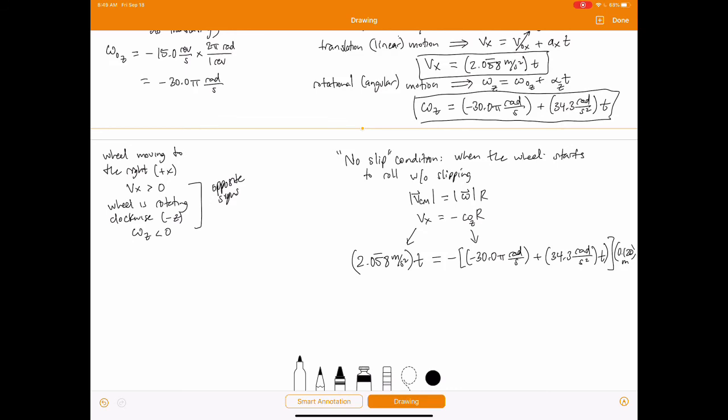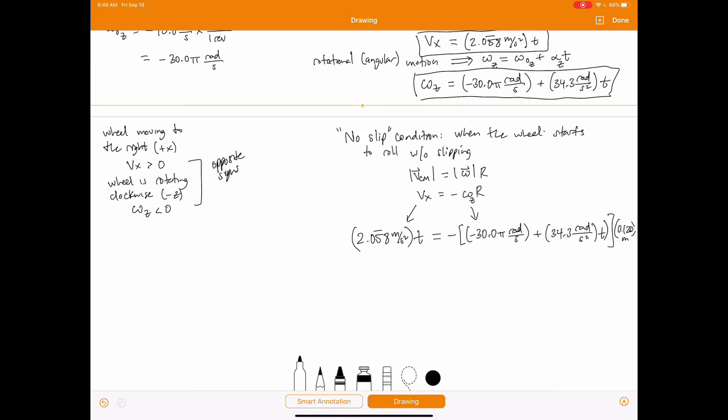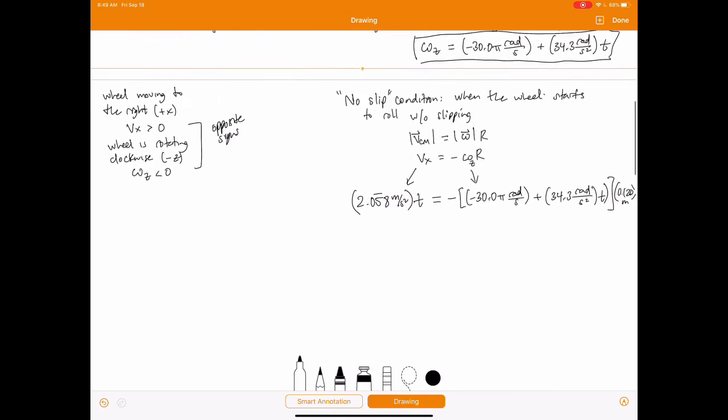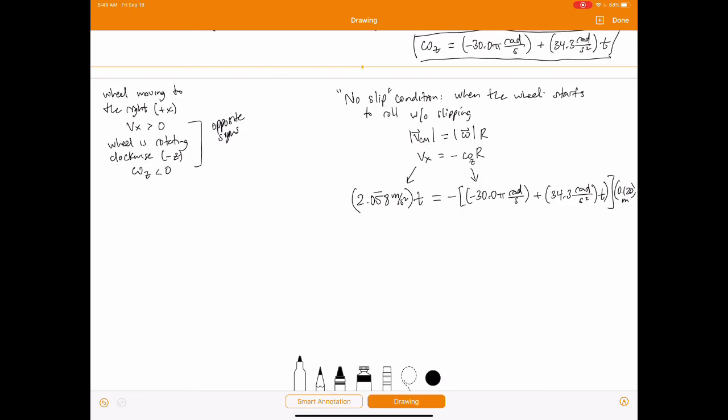All right, so what we'll do next is just collect all the terms that have a factor of t. So we'll put those all on the left side. So we have 2.058 meters per second squared.